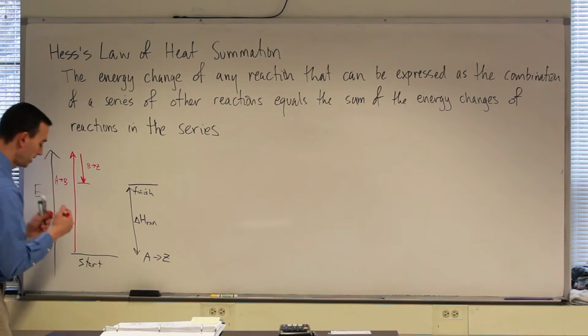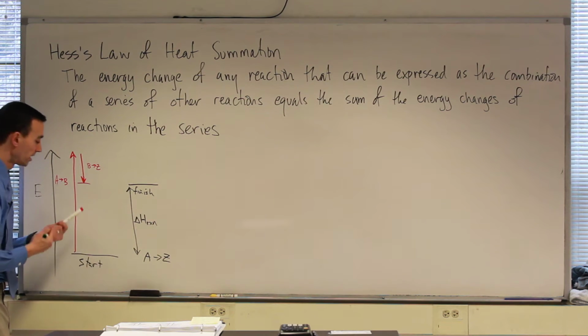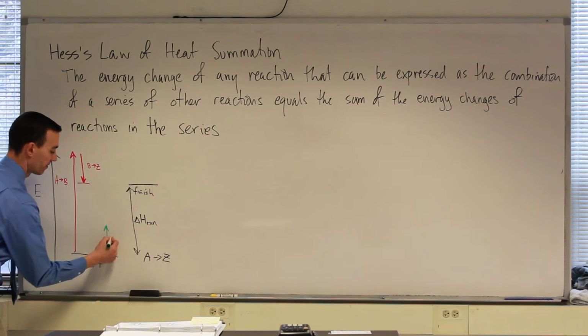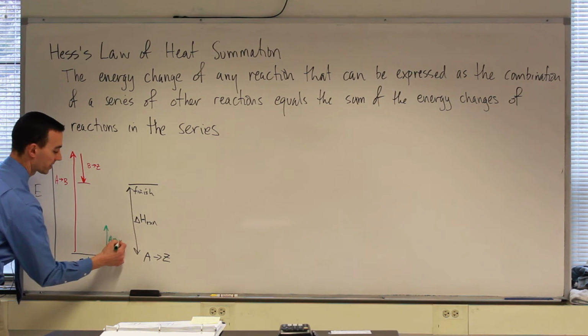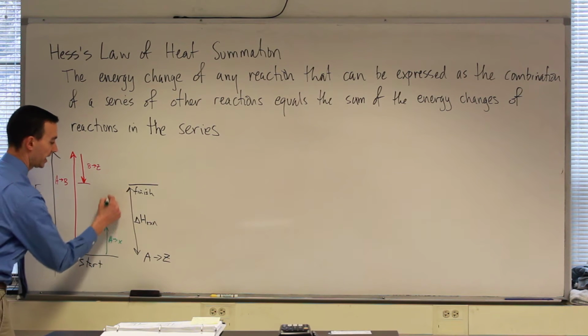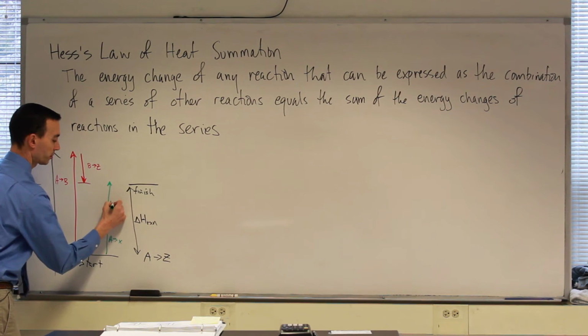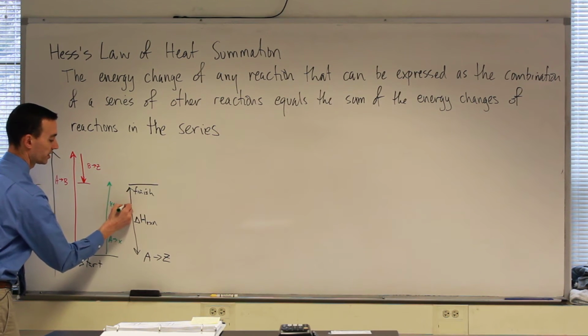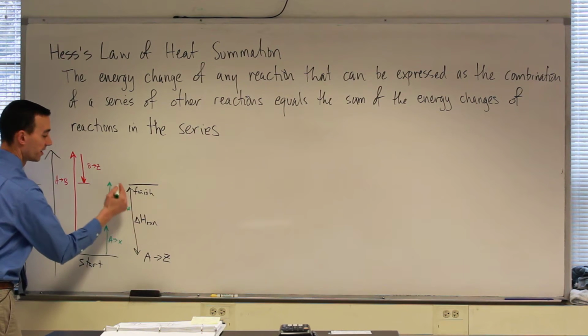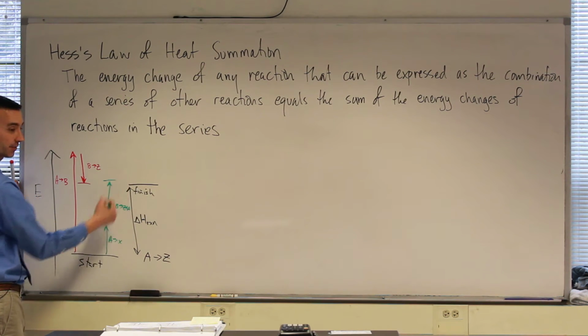Or maybe in a different situation, if we have A turning into X, and then X plus B turns into Z plus A, this would give us the same total energy.